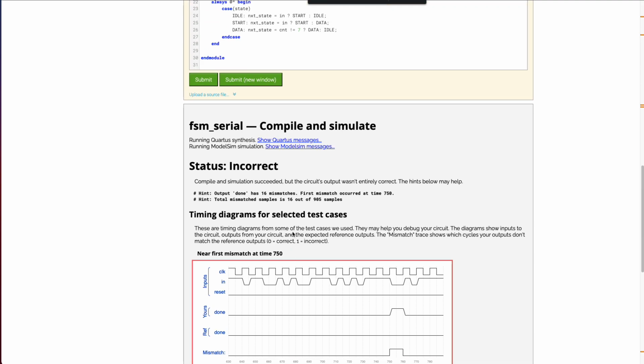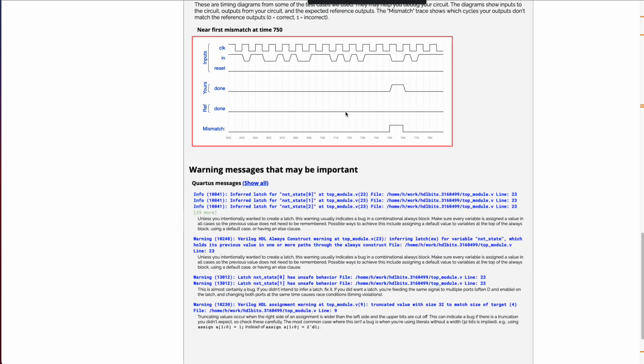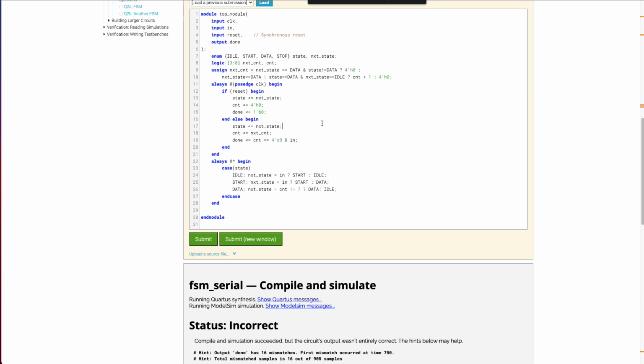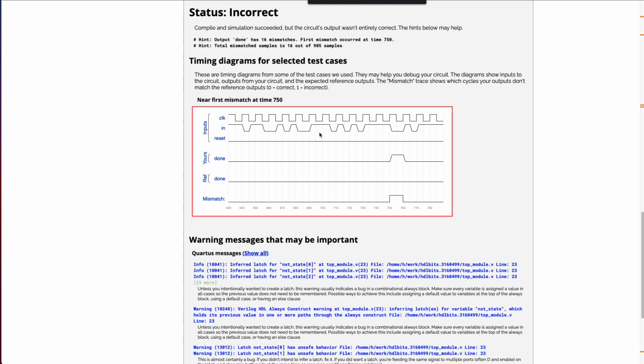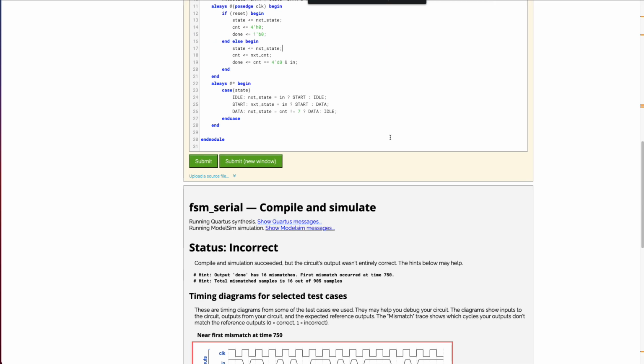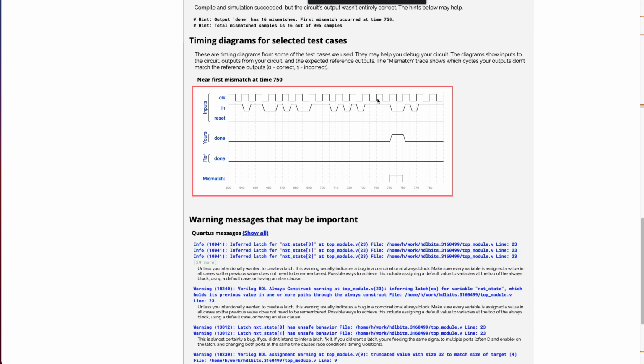What if we are in data already? Like, what if the state here is data? Then we don't. So 8, 6, 5, 4, 3, 2, 1, 0.